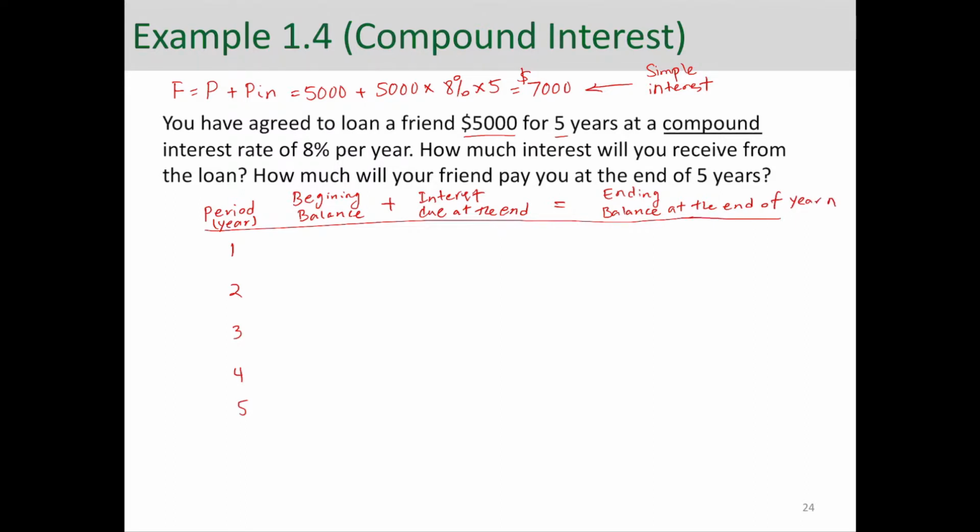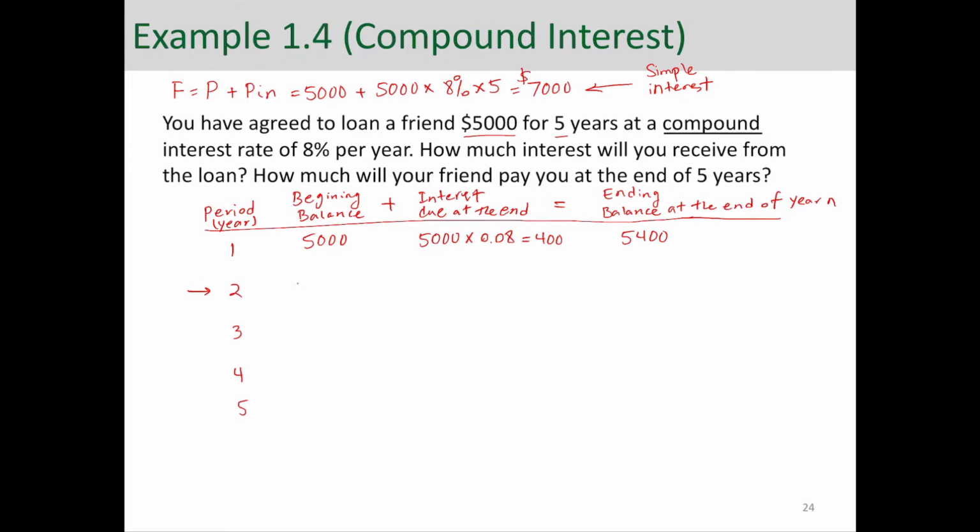So let's start. We're starting with $5,000, and in year 1, the amount of money that will be charged as the interest would be 5,000 times 8%. That means $400. So the ending balance would be 5,400. So now, beginning of year 2, the beginning balance is the ending balance of year 1.